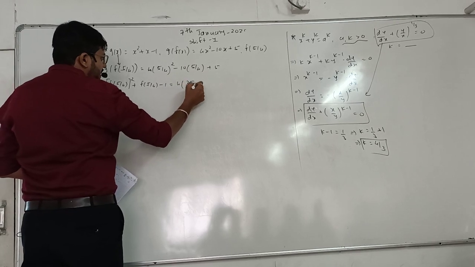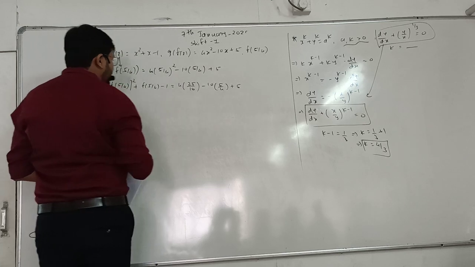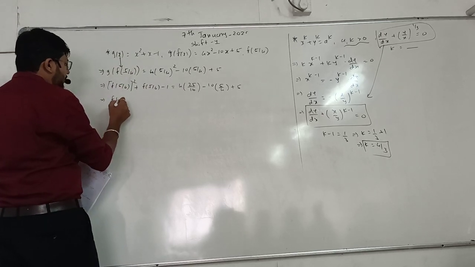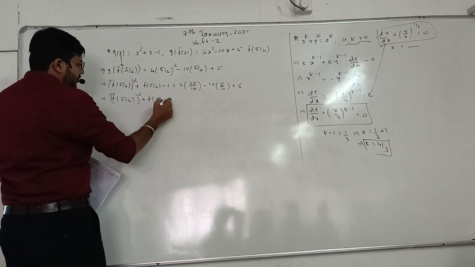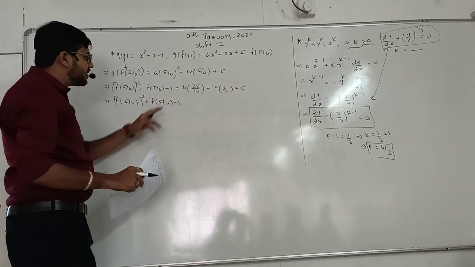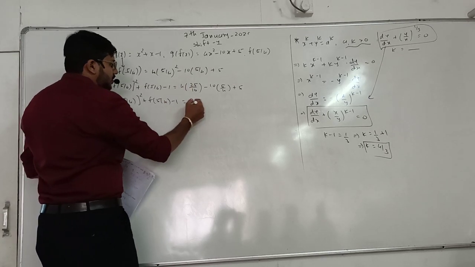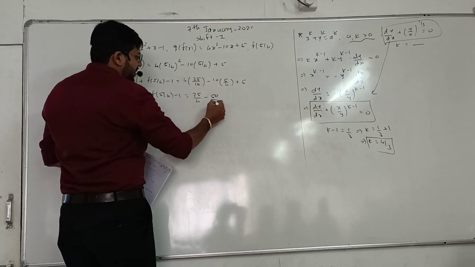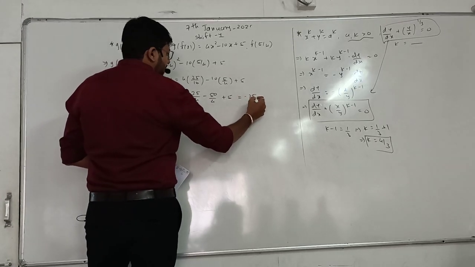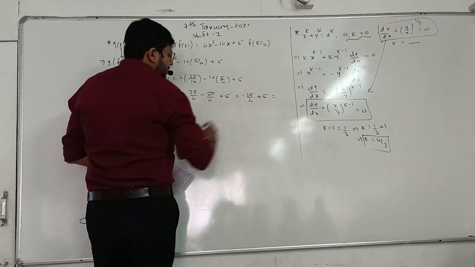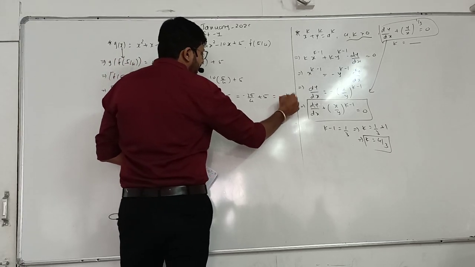So 4 times 25 by 16 minus 10 times 5 by 4 plus 5. So it's 4 by 16 times 25, so 25 by 4 minus 50 by 4 plus 5. So minus 25 by 4 plus 5. So the answer will be minus 5 by 4, I guess.